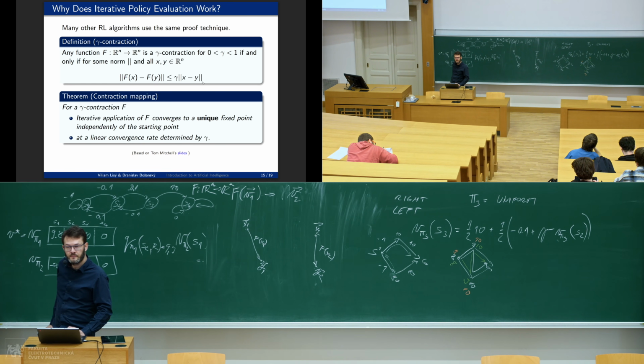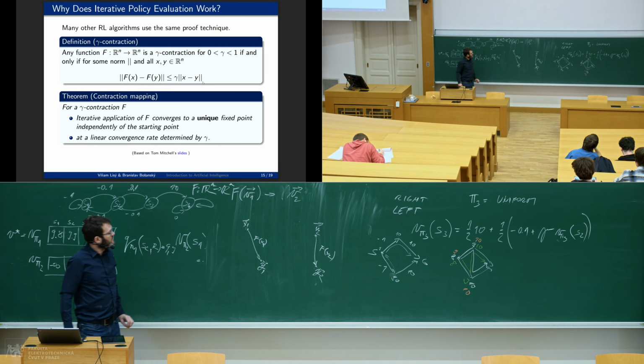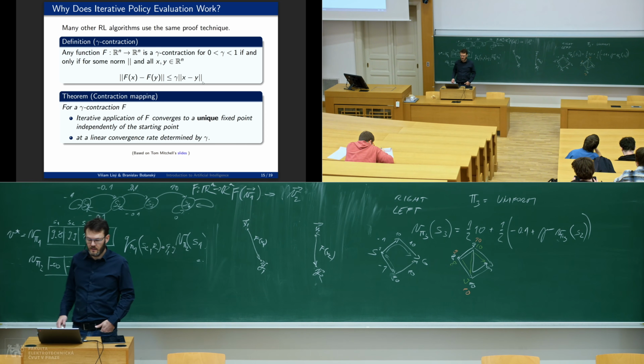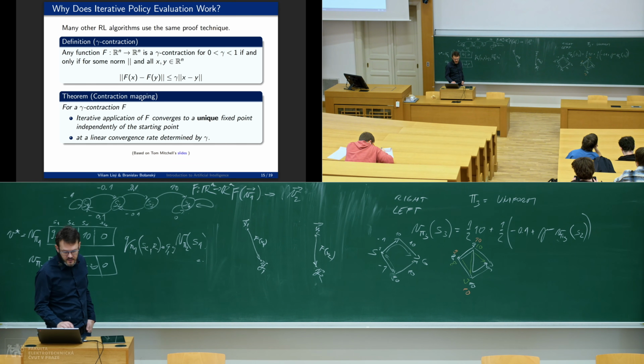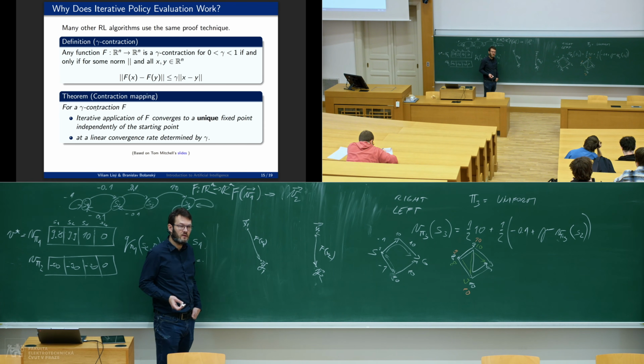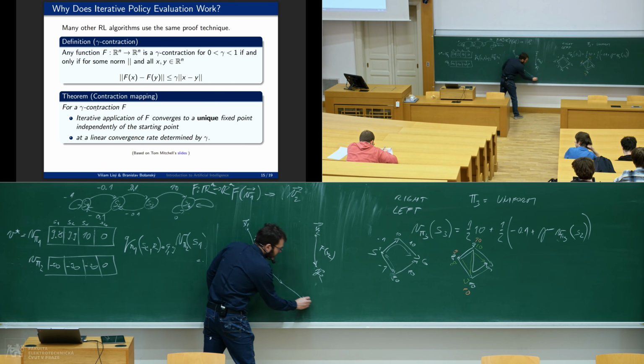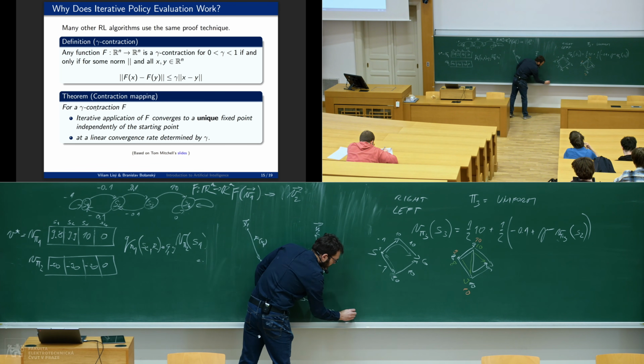Does it make sense? And then there is a very classical theorem from analysis, which says that if you take any contraction and you iterate it, you will converge to a unique fixed point. So you take f of y, then you take f of the next thing, right?